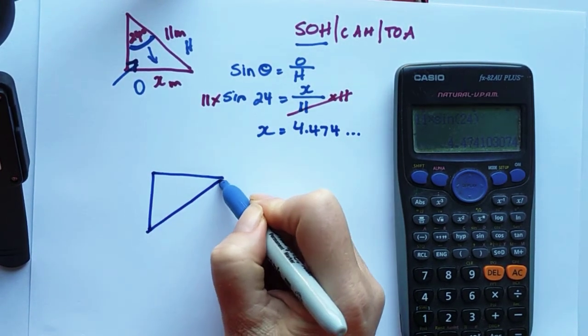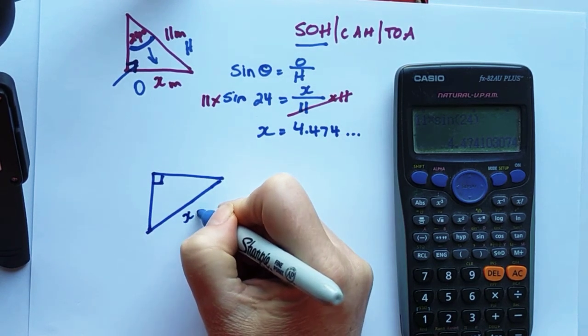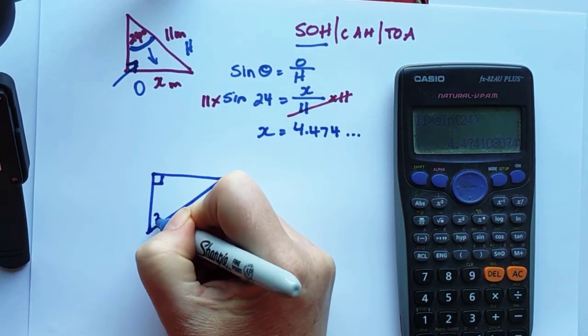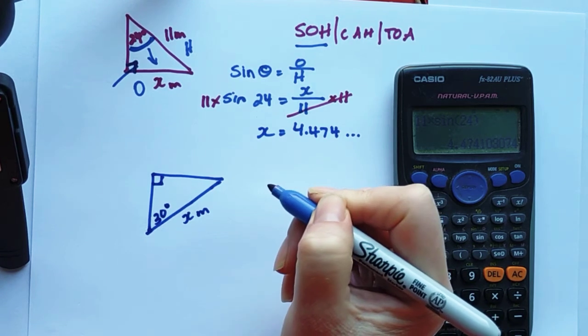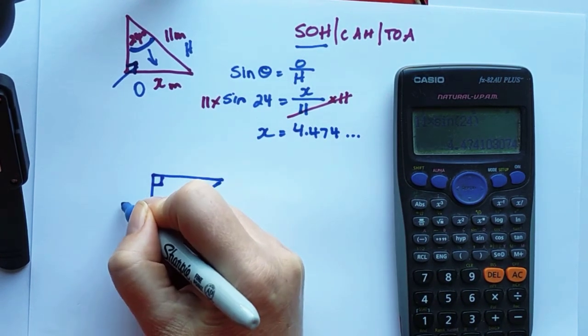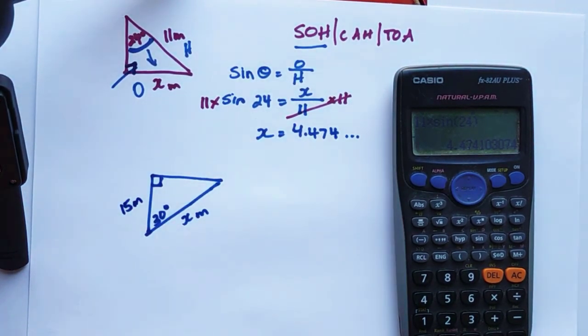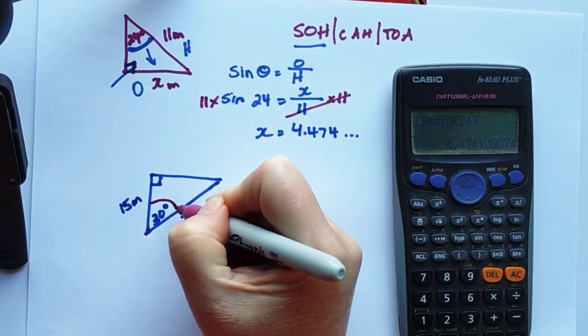is when the pronumeral is on the bottom. So let's say that's 30 degrees, that's x, and let's have 15 over here. So we've got our triangle. We go to the angle that we were given information about.